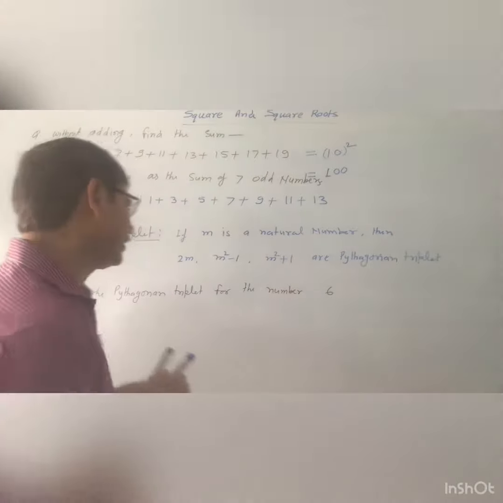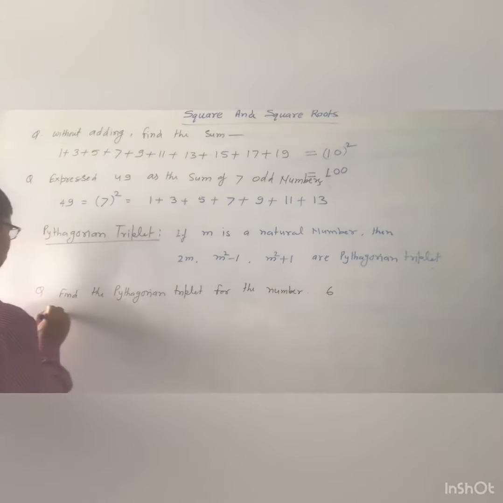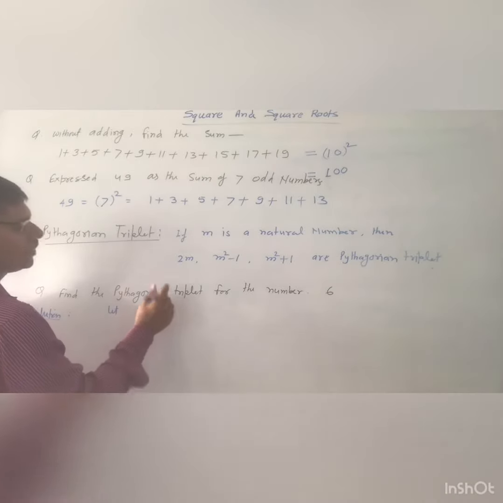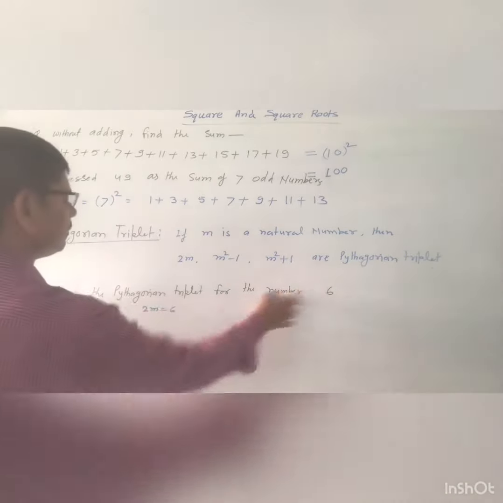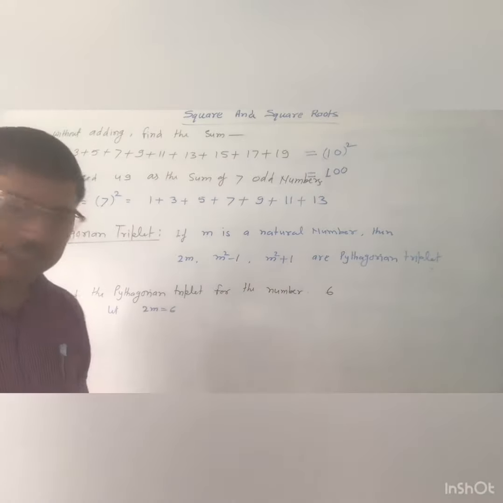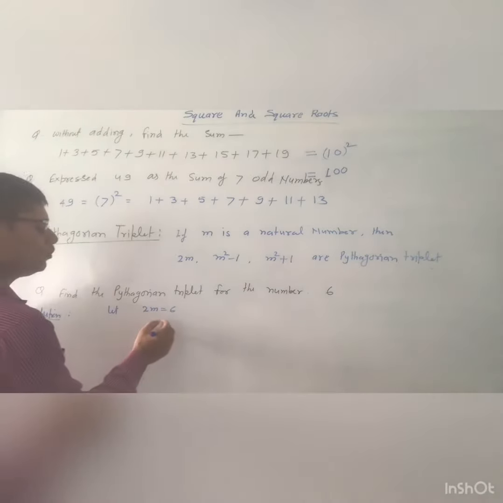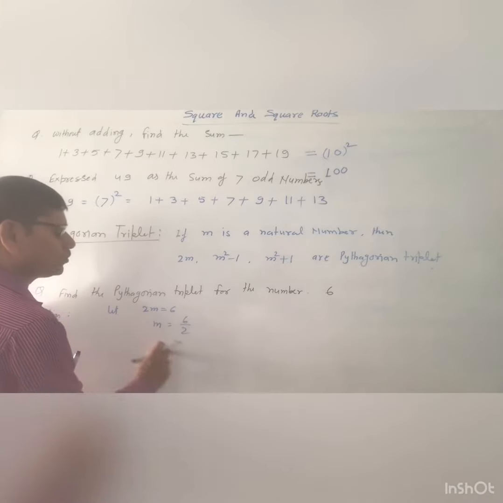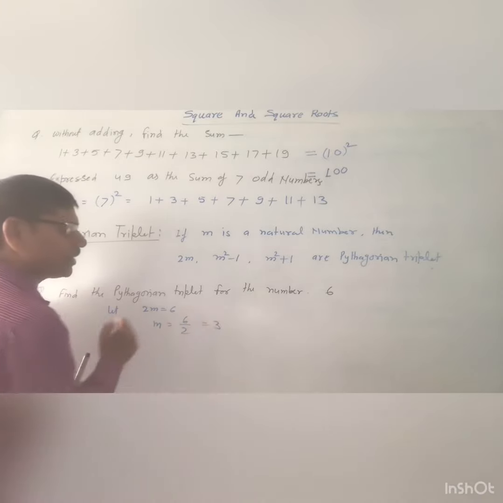Yes, you can find it. You will write a solution for it. Let 2m equal to 6. Always you will write the given number as 2m equal to 6. So that you will get m equal to 6 by 2, transpose this to the right side, that is 3.